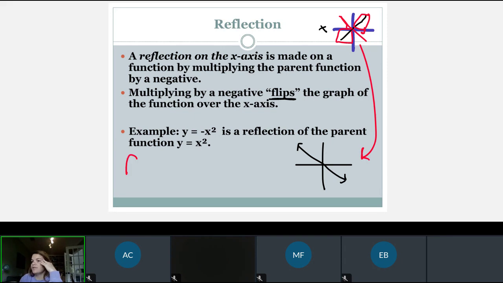Instead of f of x equals x, we now have g of x equals negative x. So a reflection means your slope is now negative, and that is a reflection over the x-axis.